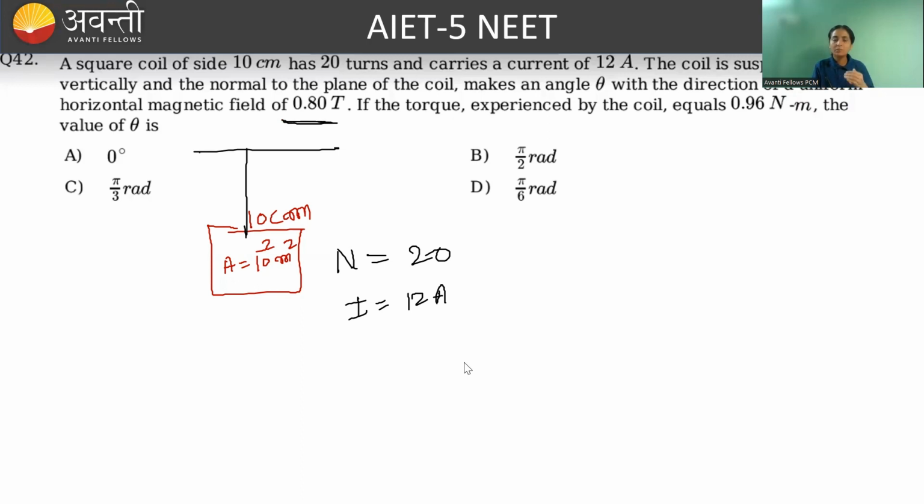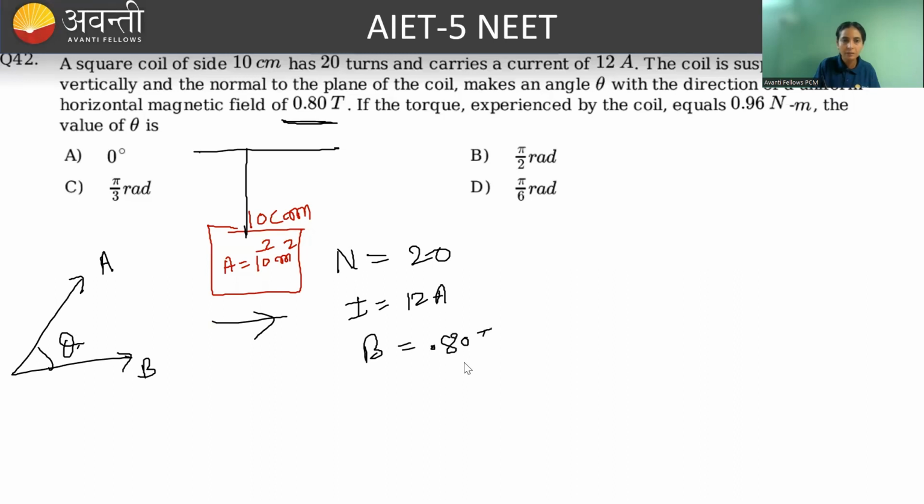That is, normal to the coil means area vector. So angle between area vector and magnetic field is how much? Theta. Okay? Now horizontal magnetic field value is given, 0.80 Tesla.